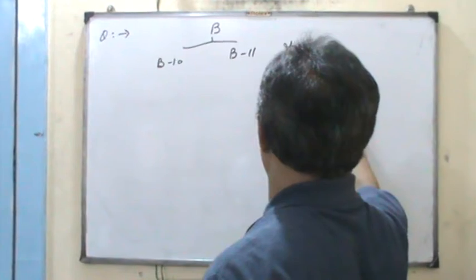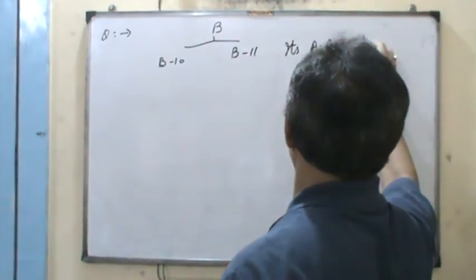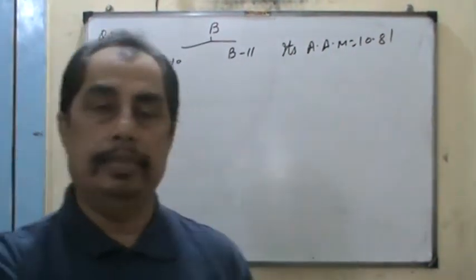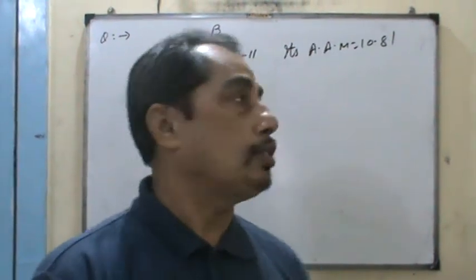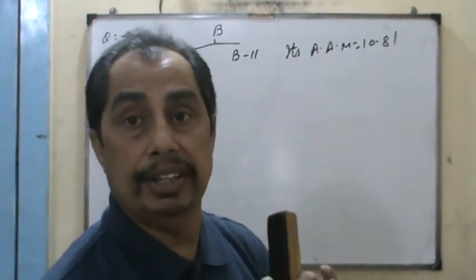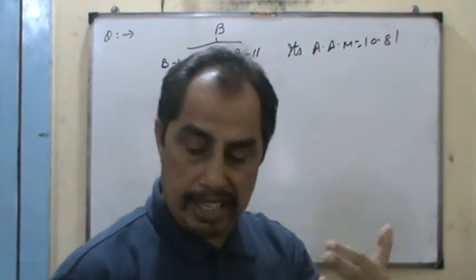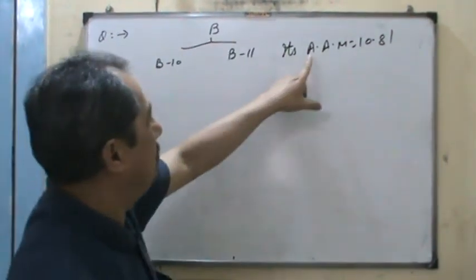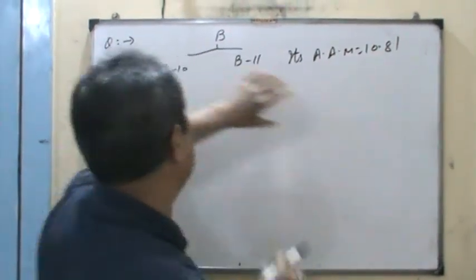Its average atomic mass is 10.81. Calculate their percentage abundance. So average atomic mass equal to percentage abundance. I have already written. Here average atomic mass is 10.81.